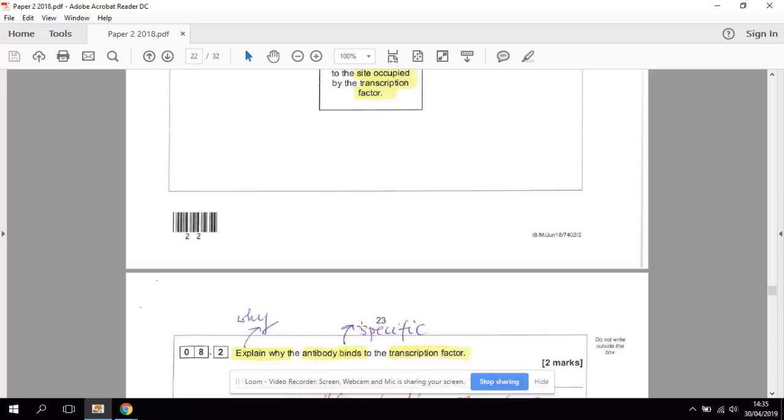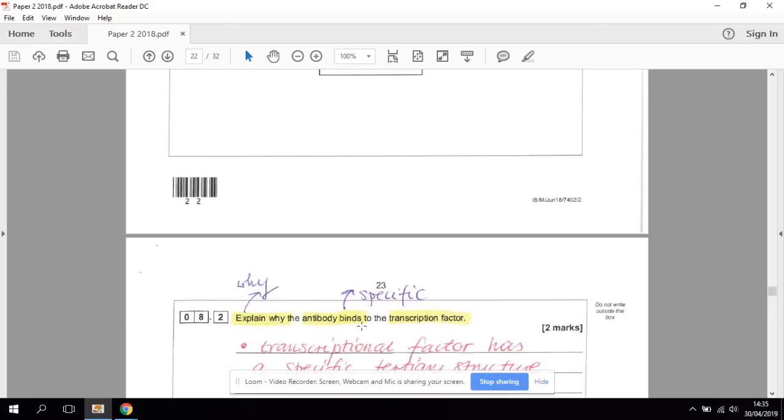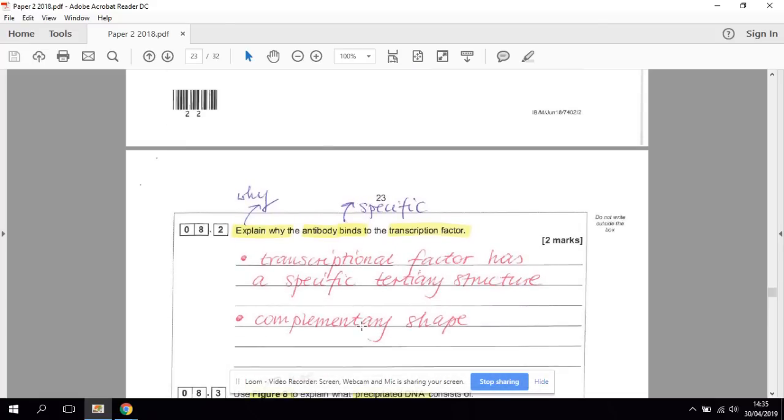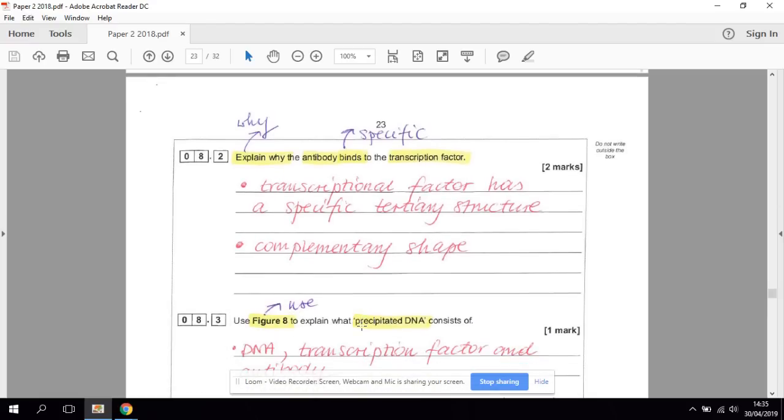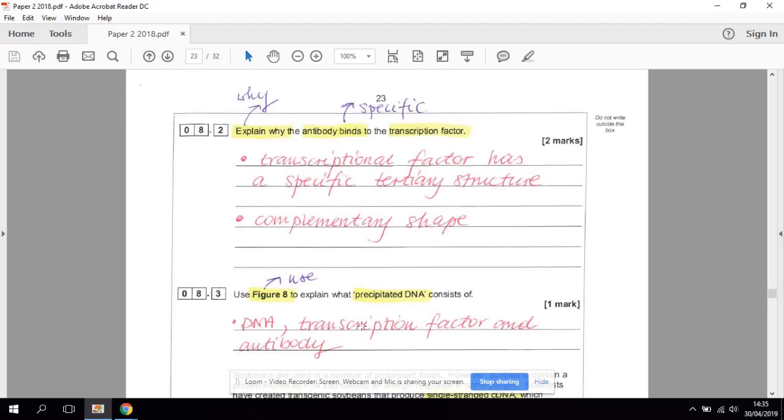The transcription factor will initiate the transcription. So what we've got here is that the transcription factor has a specific tertiary structure, and the antibody has the complementary shape. So that's why they can bind together. Then we've got figure 8 to use and say what the DNA will be made of.